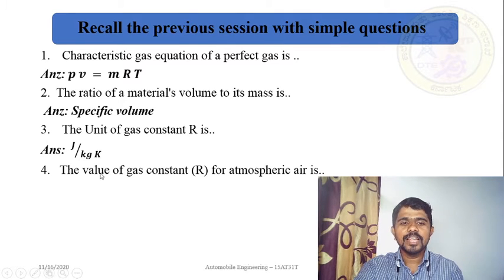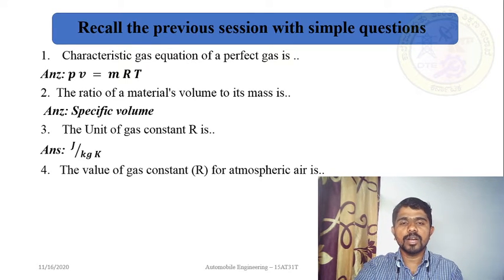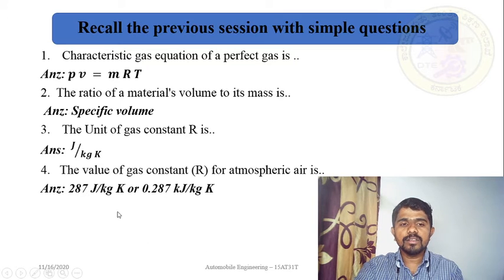I already told you this is very important for solving problems. You should remember it, because in some problems the value will be unknown, but you cannot claim it is unknown; it is an assumed value, and you should remember to assume the gas constant for atmospheric air. The value is 287 joules per kg Kelvin, or 0.287 kilojoules per kg Kelvin.